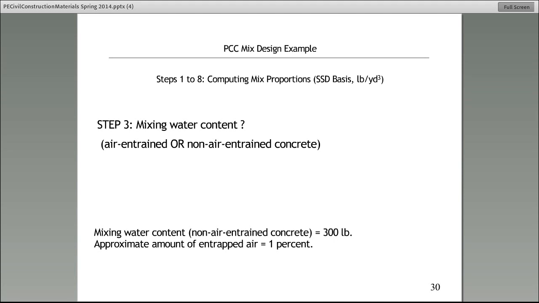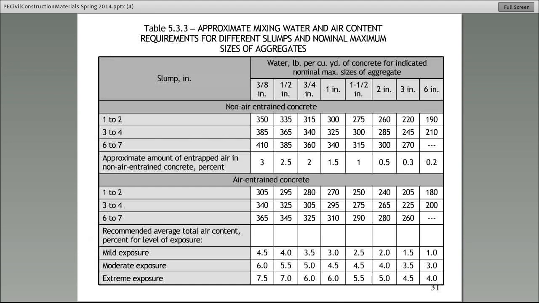Step number 3 is mixing water content. In this case, we want to know, remember the recipe that we're designing, how much water do we need? All right, so in order to decide that, we're going to consult this table. That's table 5.3.3 of ACI 211. There are a lot of numbers in this table.